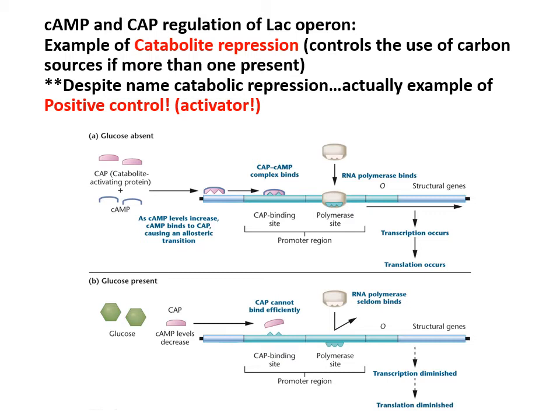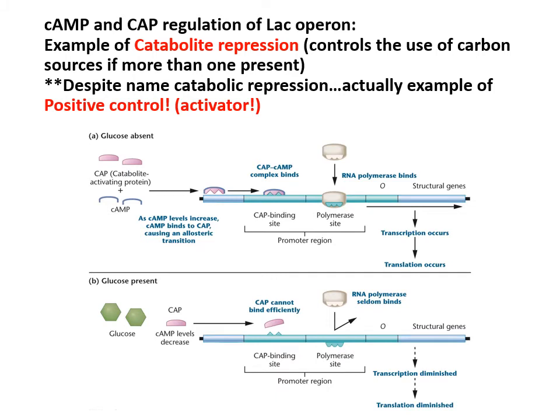So if CAP is present, which we see binding over here, then the polymerase works really well, it binds very efficiently, and you get very good transcription. If CAP is not bound to the lac operon right before it, then the polymerase will not be able to bind very well to the promoter, so you won't get a strong transcription because the RNA polymerase won't be that great at binding.